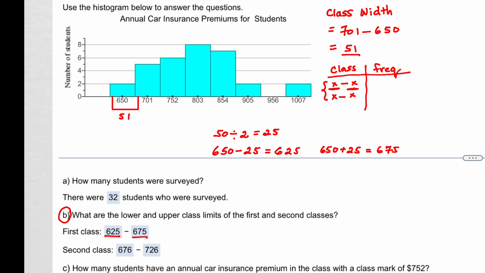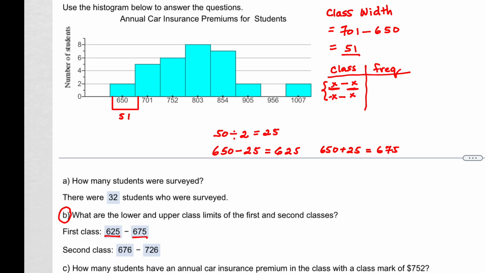Now to find the lower class limit for the second class, I would add 51 to the lower class limit from the first class because that's the difference between those two values. That's the class width.